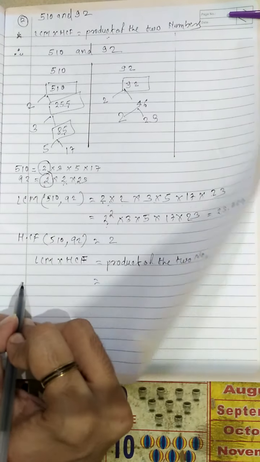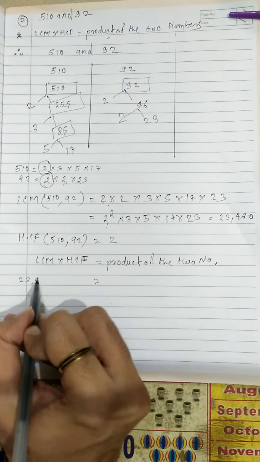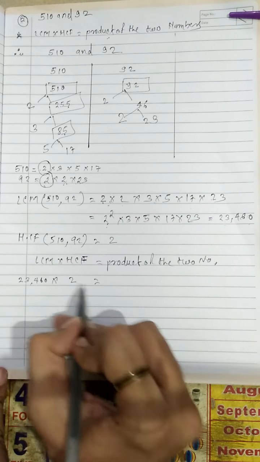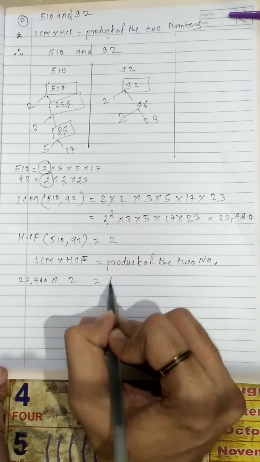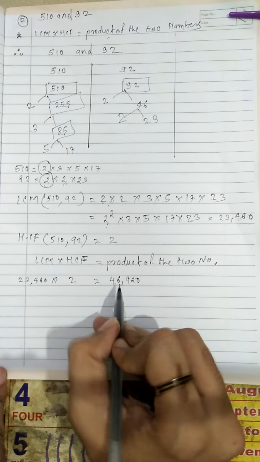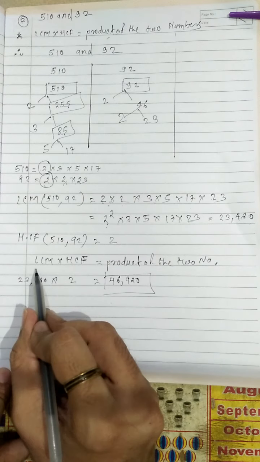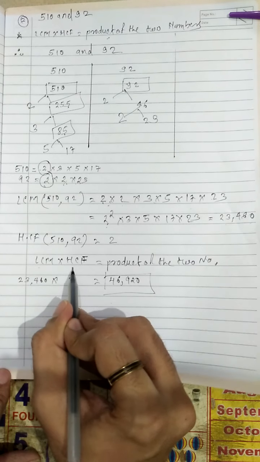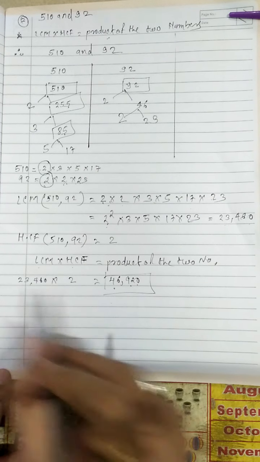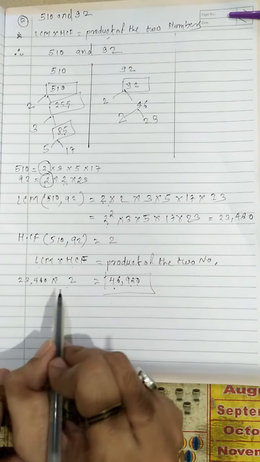So I am writing here 23,460. HCF is your 2. So you get the answer 46,920. This is your final answer. This is your product of LCM and HCF: 46,920. LCM 23,460, HCF is your 2.